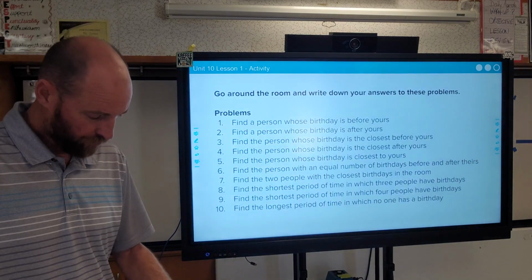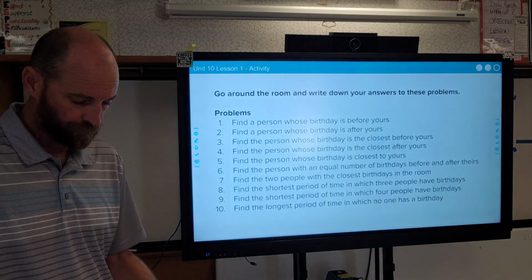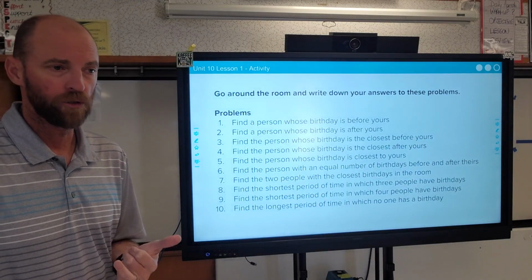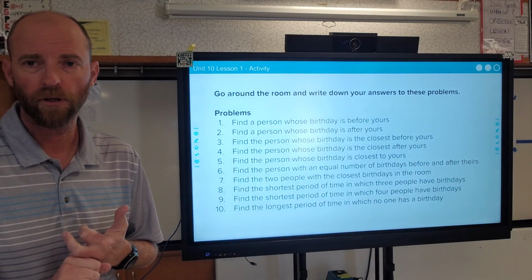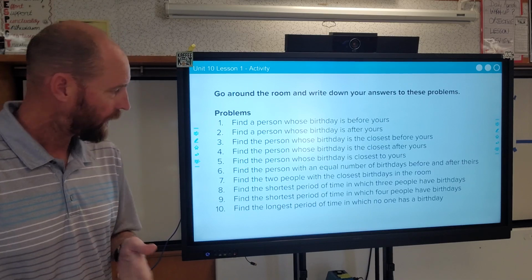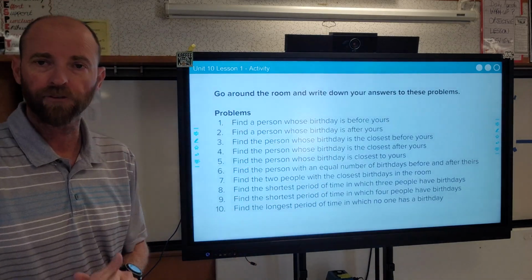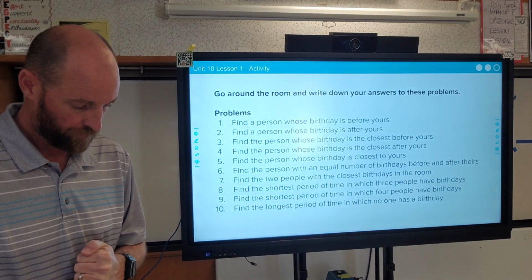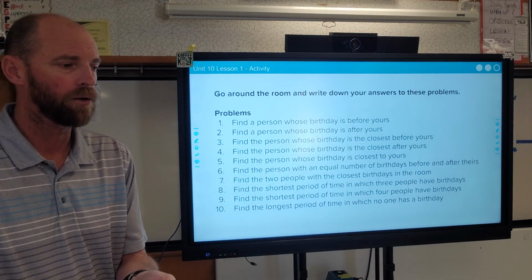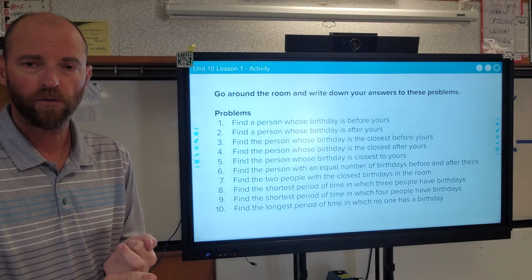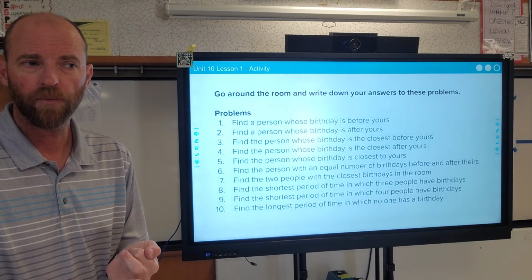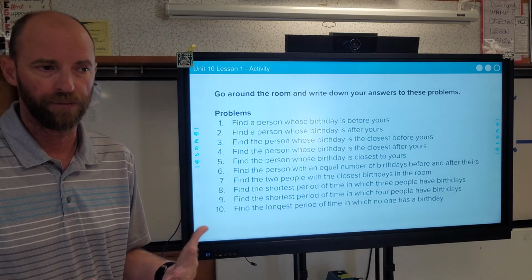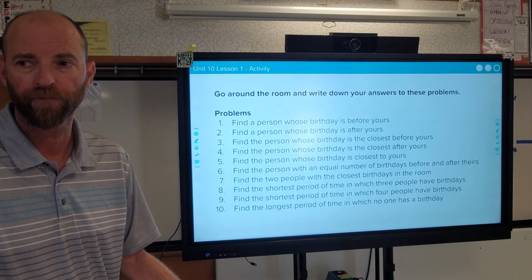And on a separate sheet of paper, you're going to go around the room, interact with other students in this classroom, and find the answers to these problem questions. Okay? So I'll give you a short time to do that. Look at the problems first. If there are any questions, you can clarify them before we begin this activity very shortly. All right?